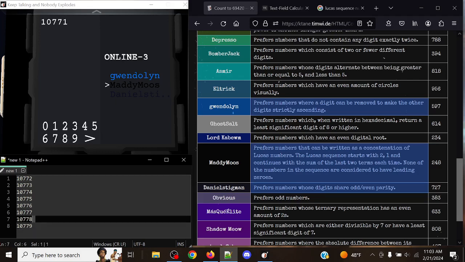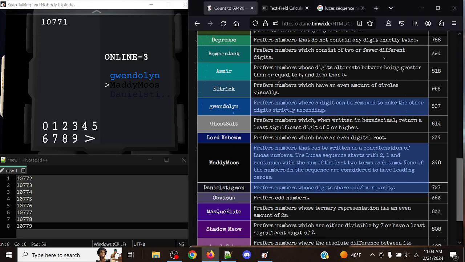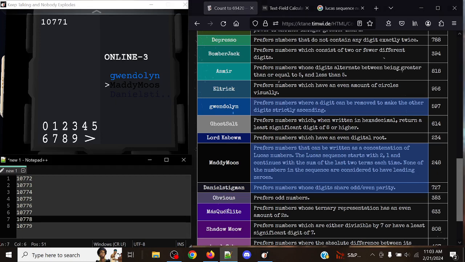Now, I'm not sure if it needs to be unique numbers, but I'm going to assume it doesn't, because these 7s are going to mess with a lot of things. So potentially further on down the line, it'd be in like an 8, 9, for example. But as far as I'm aware, it doesn't consider duplicate numbers. I'm assuming that strictly ascending means that they cannot be the same number. So in this case, Gwen's condition will never apply, really.